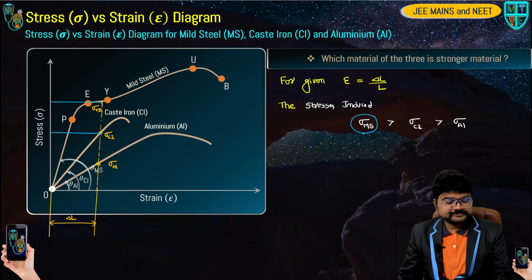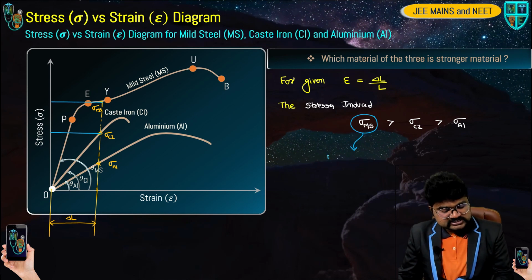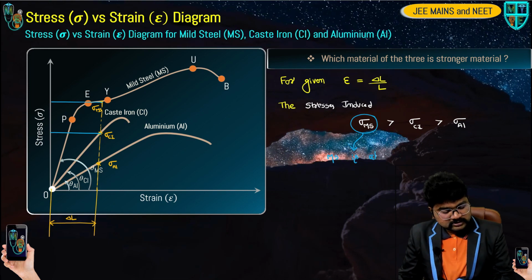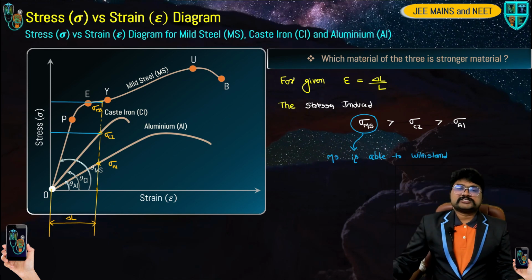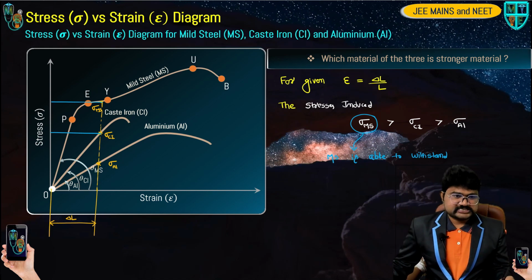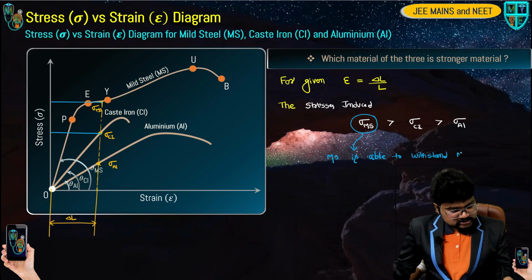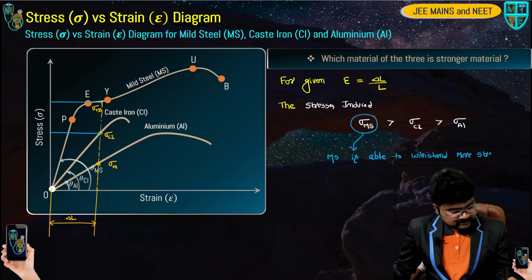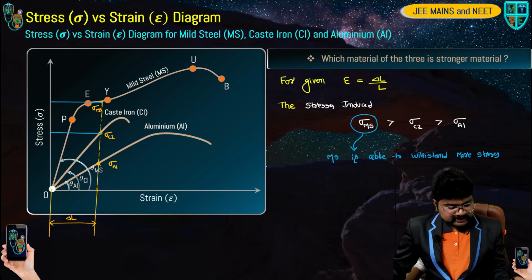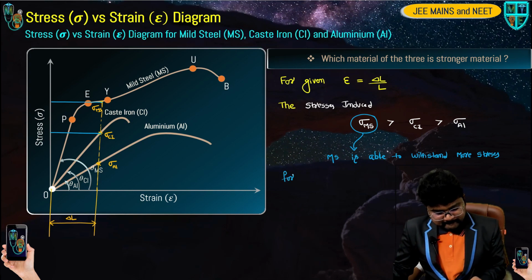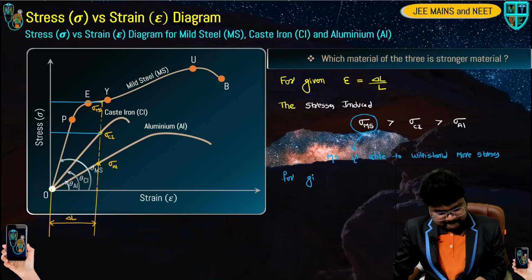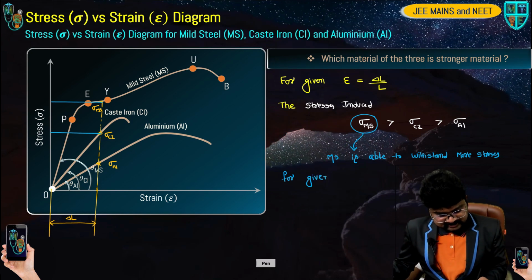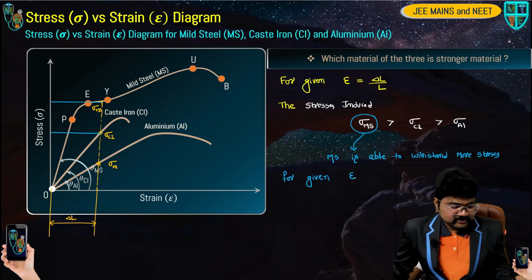Here the mild steel specimen is able to withstand more stresses for a given strain.